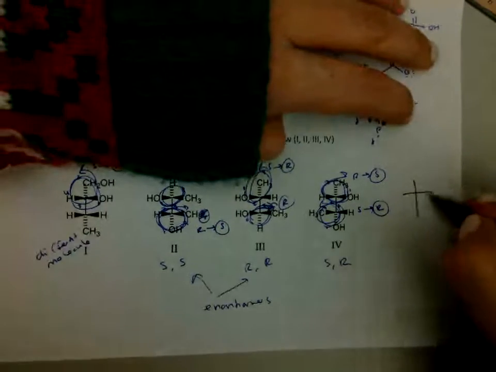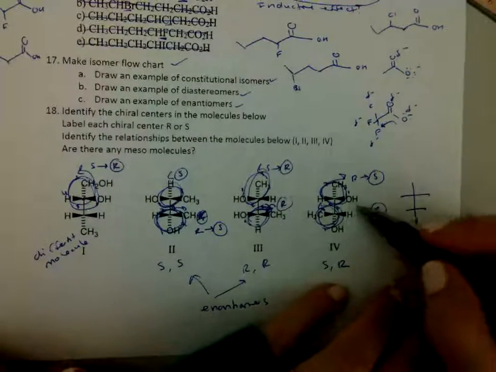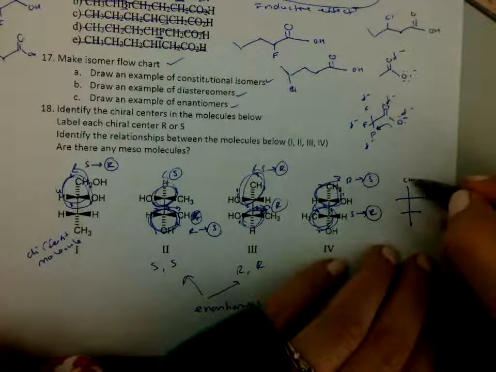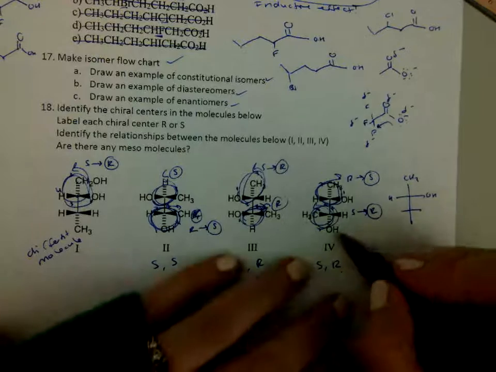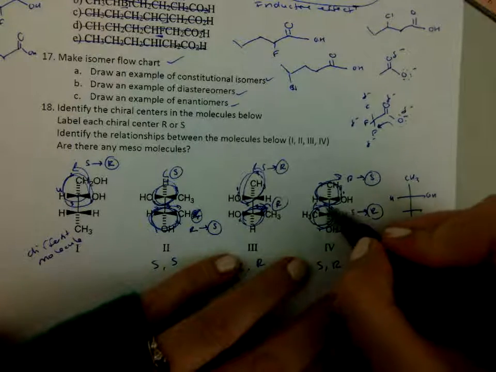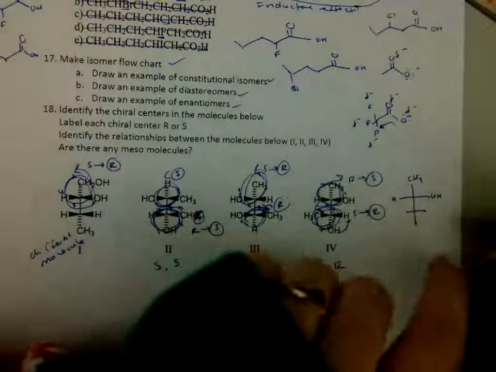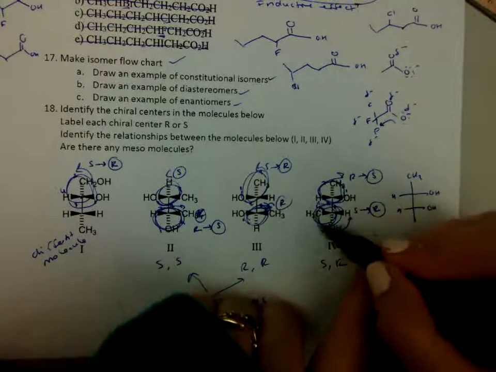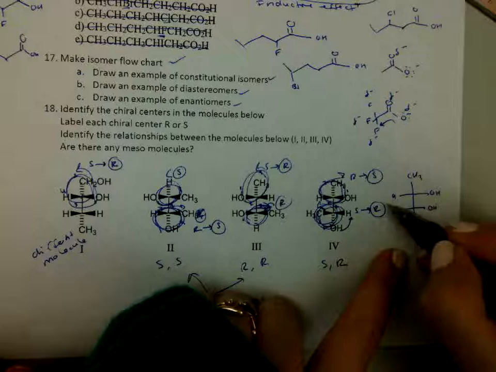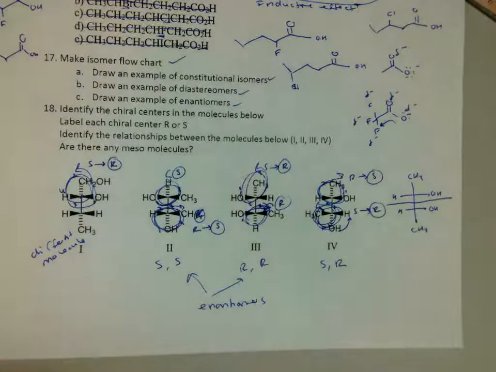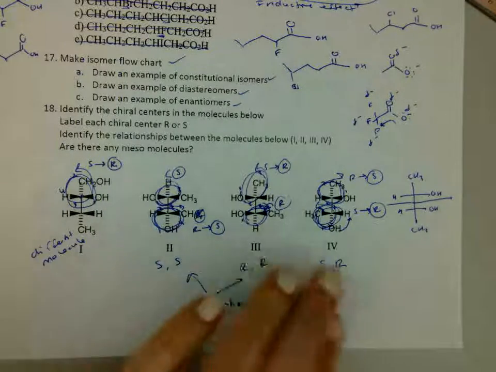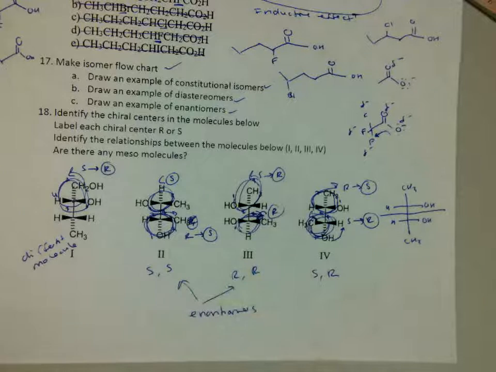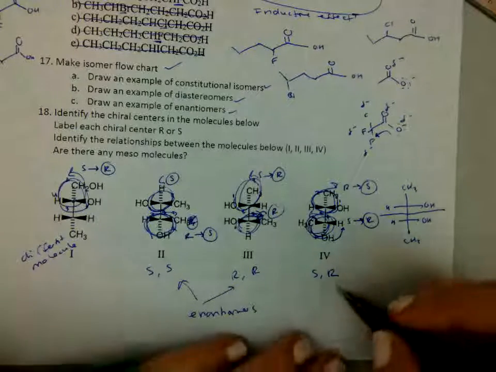So I'm going to redraw this out. I'll leave the top the way it is. I'm going to try to rotate the bottom to see if I can get it to match. So this OH is going to come here, and then the hydrogen I'm going to move over, and the CH3 to come down. Yes. So here is our plane of symmetry. So this molecule does not have an enantiomer, because if you took the mirror image of it, because of this plane of symmetry, it would be superimposable.